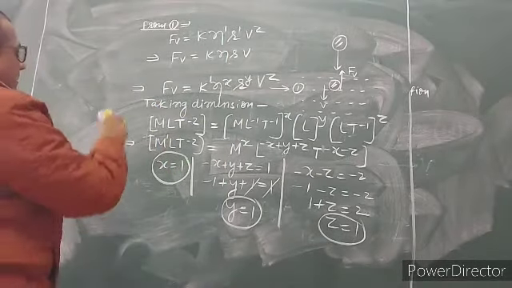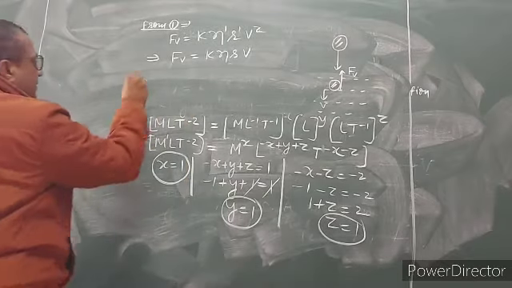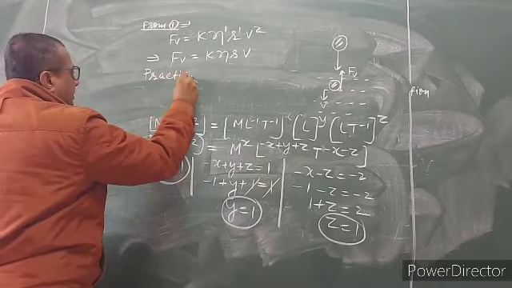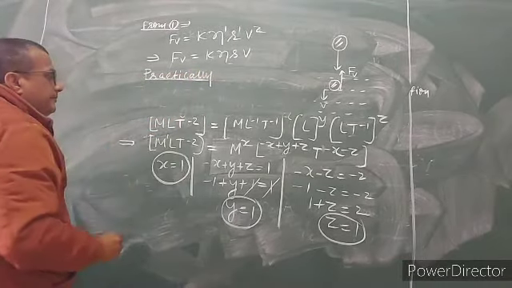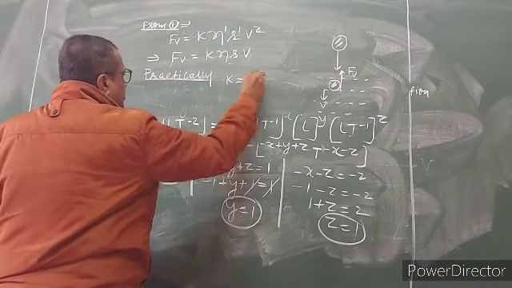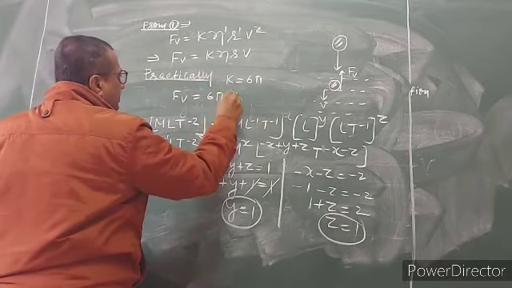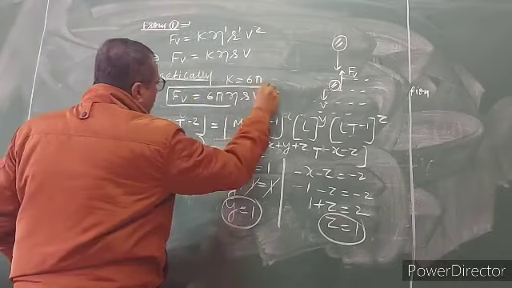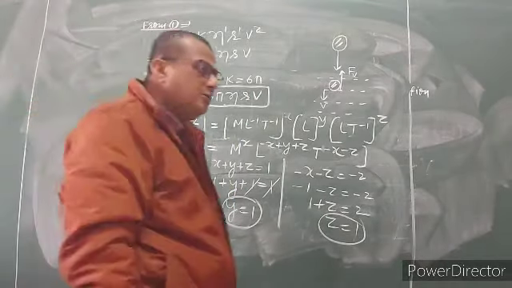Practically, the value of k is 6 pi. So, Fv equals 6 pi eta r v. This is the viscous force. This is given by Stokes.